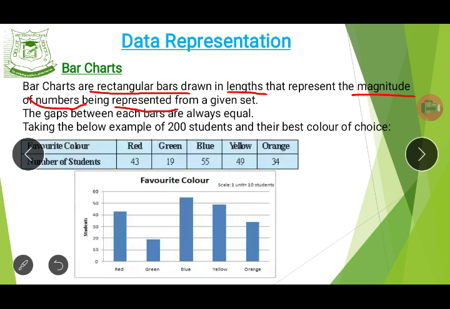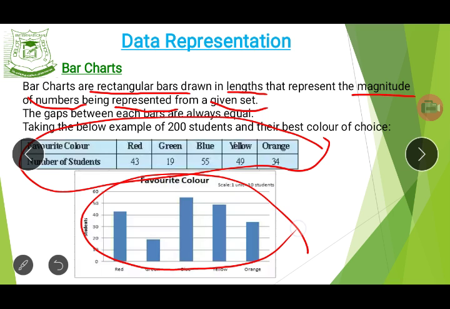Do you see that now? From a given set. So last week's example that I gave to you for revision of a bar chart, this table here, is the given set of data, and then a bar chart is drawn, taking the below example of 200 students and their best colors of choice.